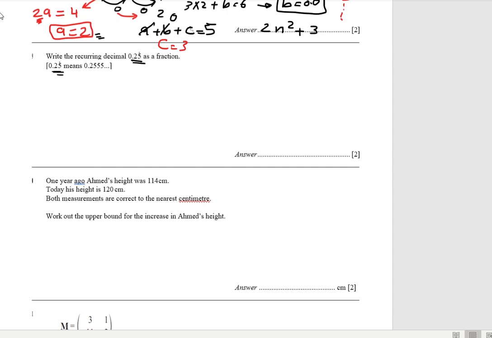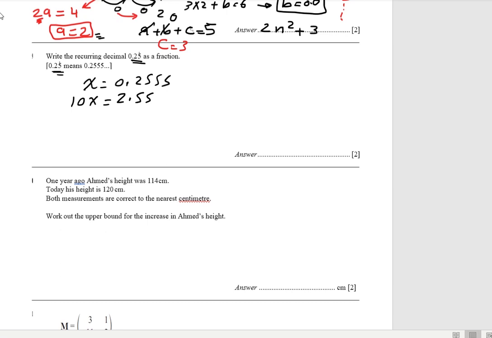0.25 means 0.2555 and so on. So to solve this question, let x equal 0.2555, and then 10x is equal to 2.555.